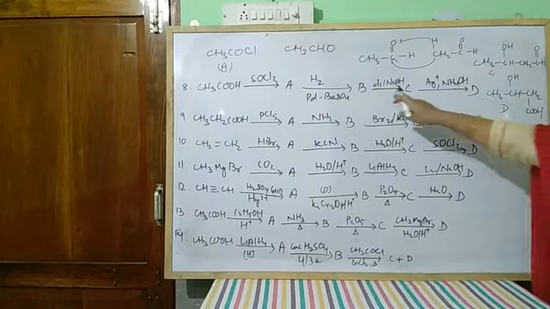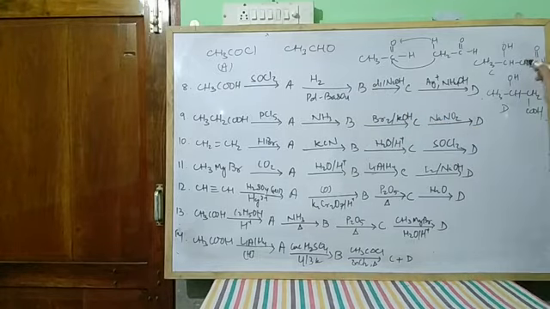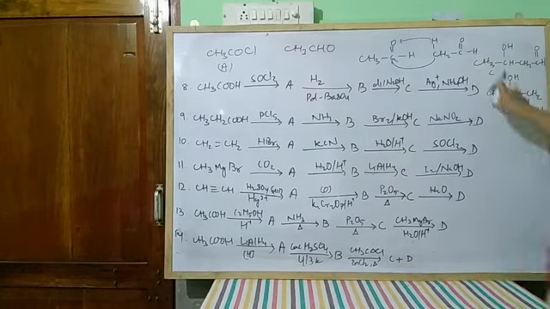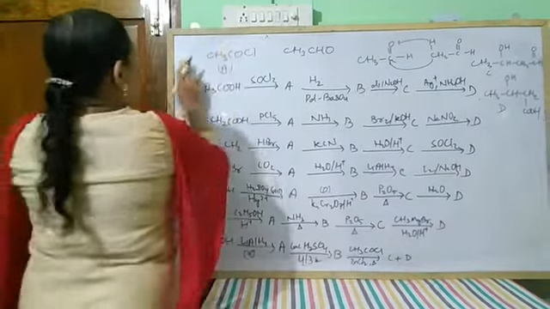In case heat is given here, then removal of a water molecule takes place and a double bond is formed, and it gives an unsaturated carboxylic acid. As there is no heat mark, I have written simply this equation. Okay. Next.